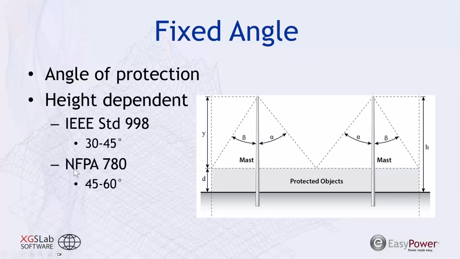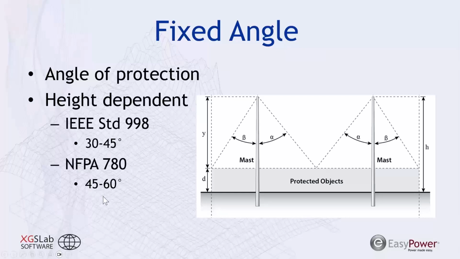A similar concept applies for NFPA 780, with a little bit different angles. If you have a structure that has a roof line difference of 25 feet from one roof to another, you may be able to use a 60-degree angle of protection, indicating that air terminals on the edge of your upper roof line may provide some extended protection to the lower roof line below.